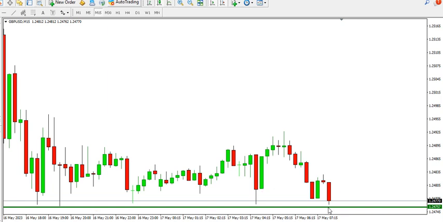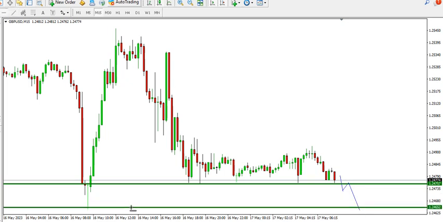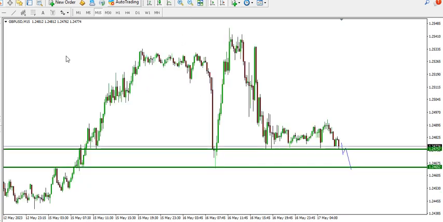1.24757 low. As soon as we have the break, we might expect a retest of that break, then for price to continue its downward movement. As price continues its downward movement, the next support will be the low around here, 1.24652, before we have a test of this particular order block.